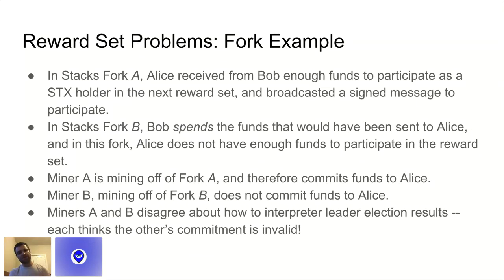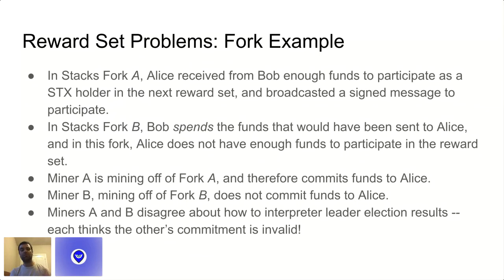Within the Stacks blockchain, there are two forks, fork A and fork B. In fork A, Alice has received from Bob enough funds to participate as a holder in the next reward set, and Alice broadcasts a signed message and is able to participate. Great. Now in Stacks fork B, what happens instead is that Bob spends those funds that would have been sent to Alice. And in this fork, Alice does not have enough funds to participate in the reward set. This is a problem.